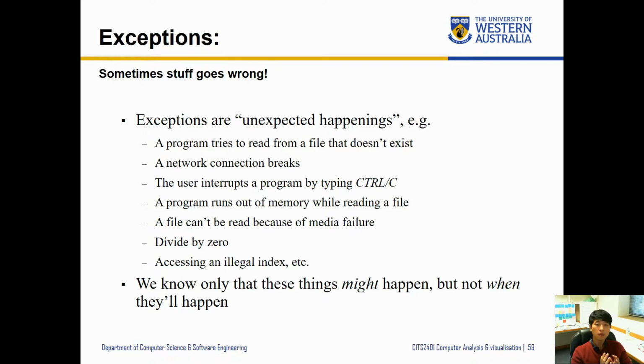So an essential idea is that we know only that these things might happen, but not when they will happen. So we can expect these types of errors can happen sometime when we execute our code, but we don't really know exactly when it's going to happen. So all we can do is put some safeguards, some checks, to ensure that we can capture these scenarios.